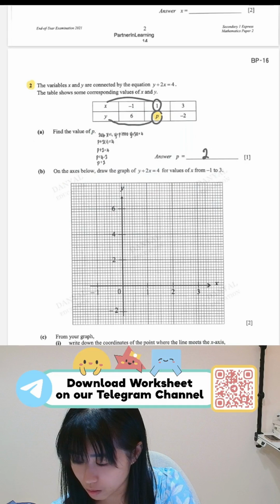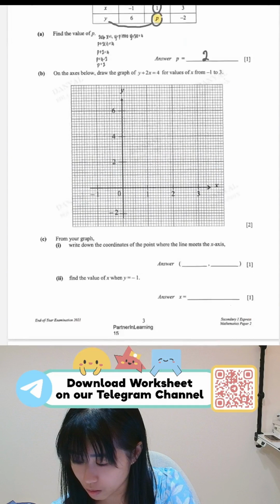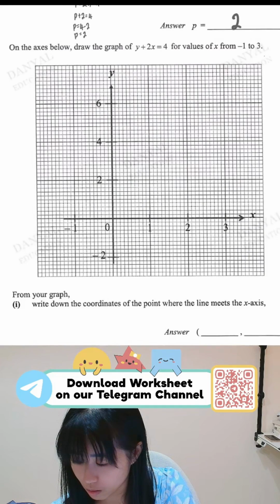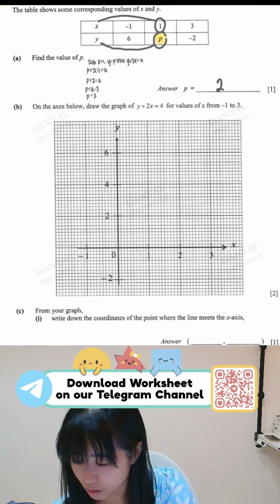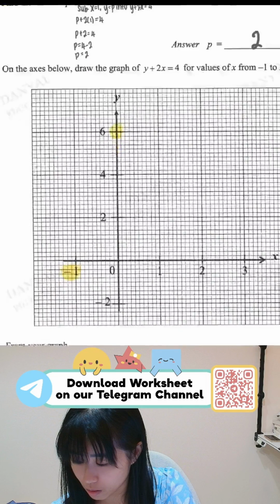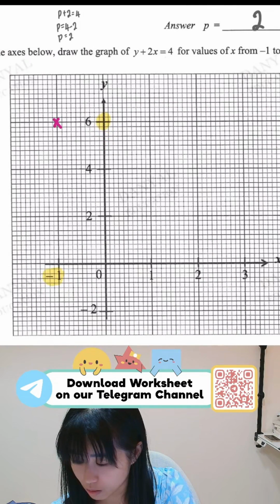Next one. Draw the graph of this from the value of negative 1 to 3. This one is quite simple. Just use the points they give you. X is minus 1, y is 6. X first, x is minus 1 here, y is 6 here. So your point here must fulfill the two things. Check. X is minus 1, y is 6, right?